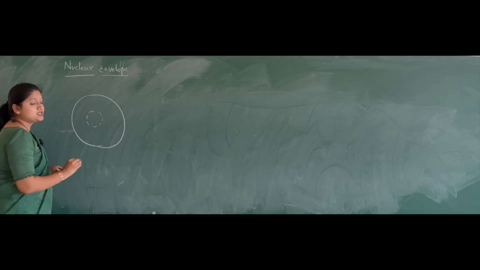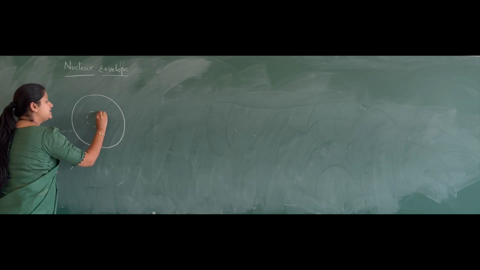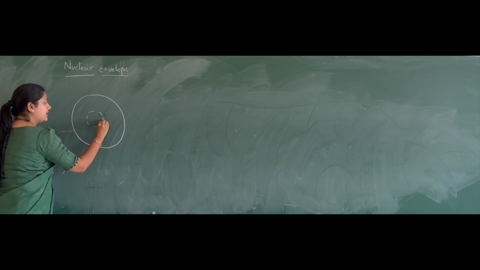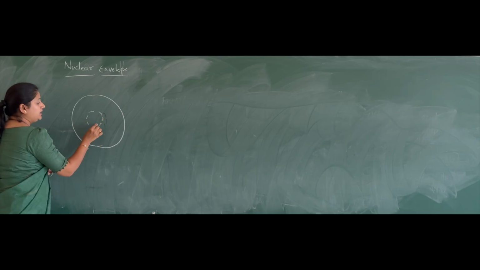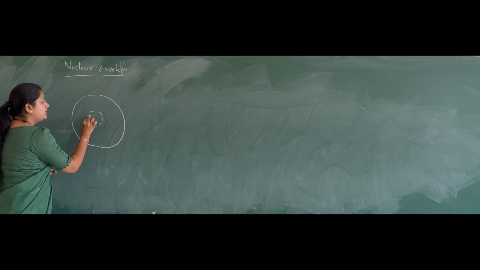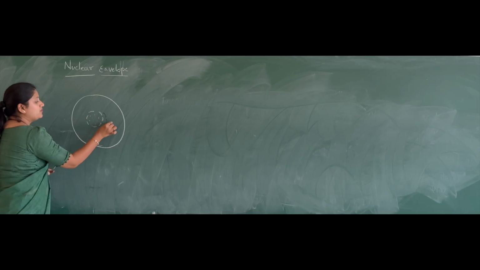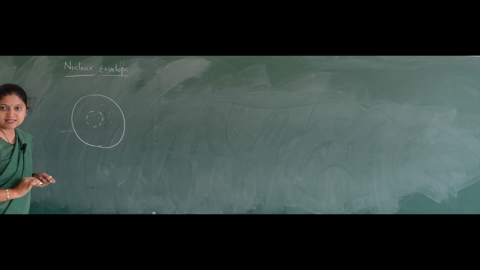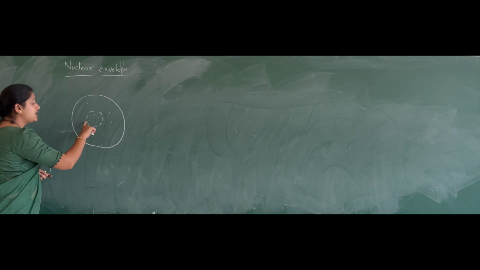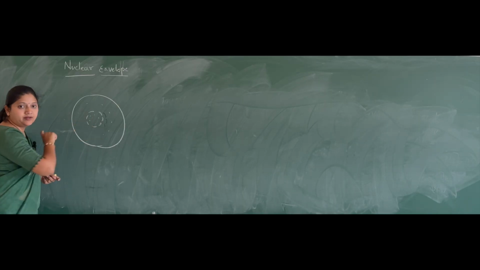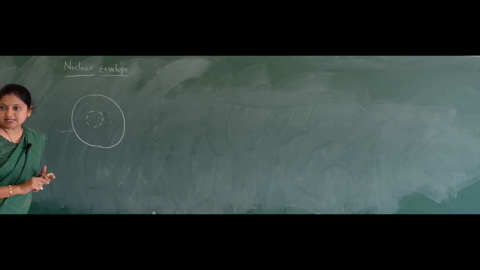This nuclear envelope is a bilayered membrane, and it separates the nucleoplasm from the external cytoplasm, and also acts as a protective covering around the nucleus.